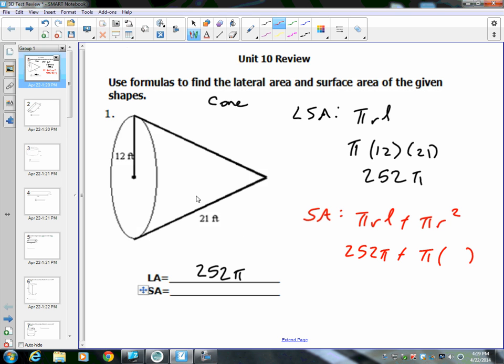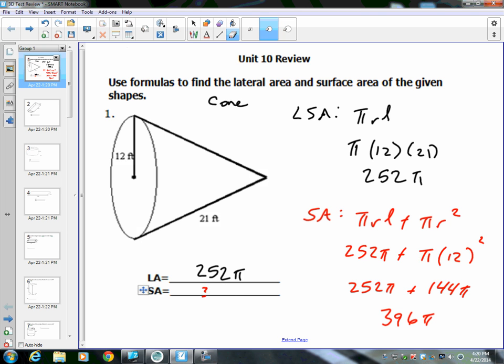Well, r is radius, which we said was 12, and we square that. 12 squared, which is 12 times 12, gives us 144, so we get 252 pi plus 144 pi. If you add those together, you end up with 396 pi, and this would be our total surface area, 396 pi.